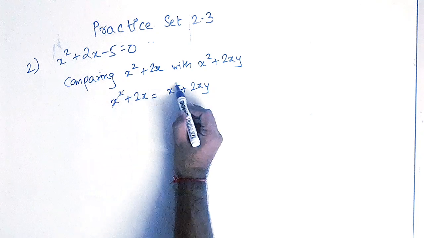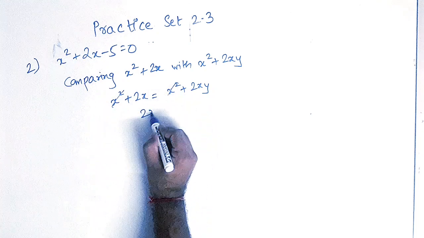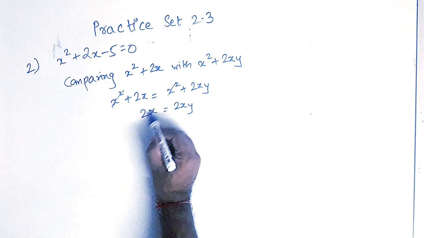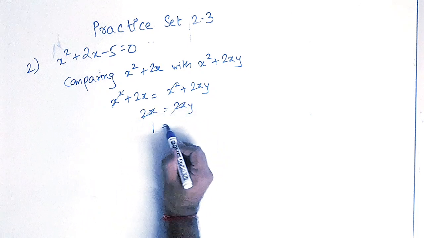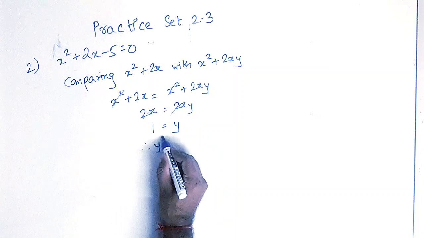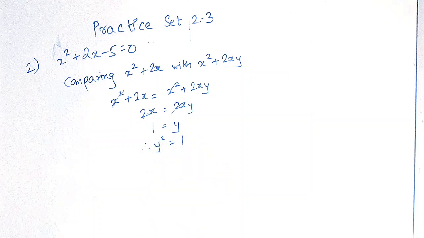So x square gets cancelled, same sign, 2x equals to 2xy. Here also 2x will get cancelled. What remains is 1 equals to y. That means y square will also be equal to 1 because 1 square is 1.